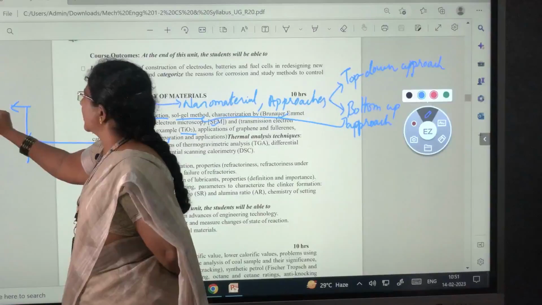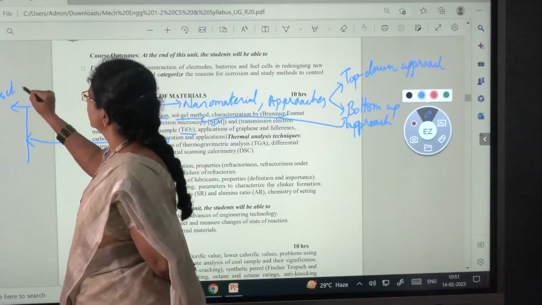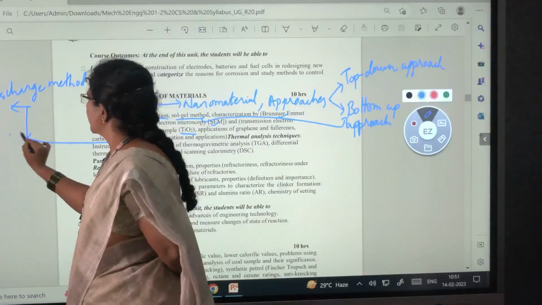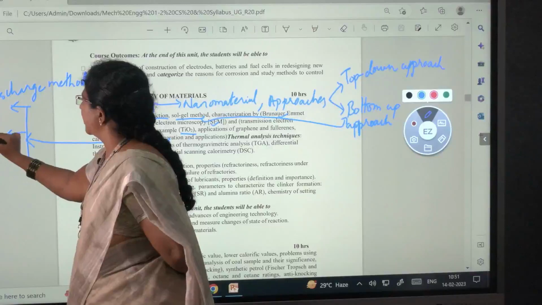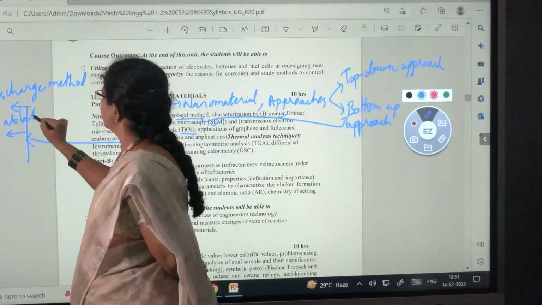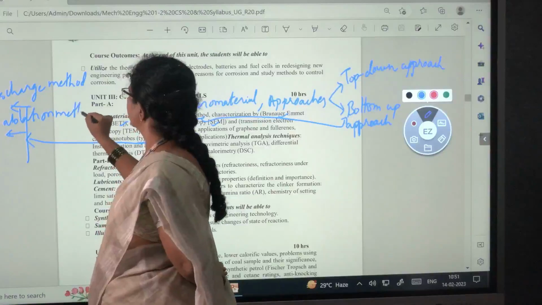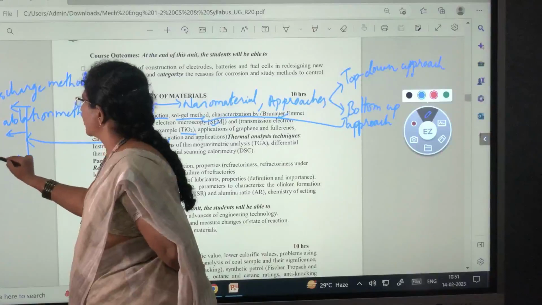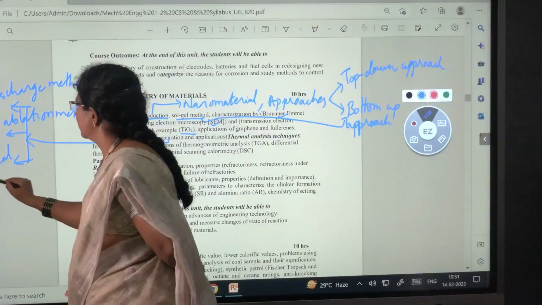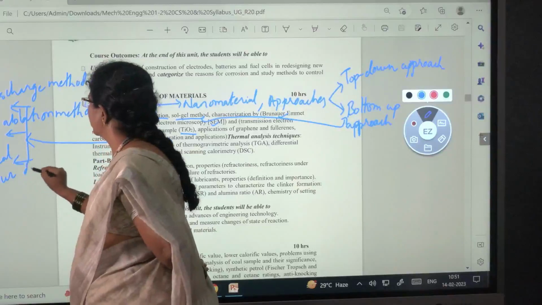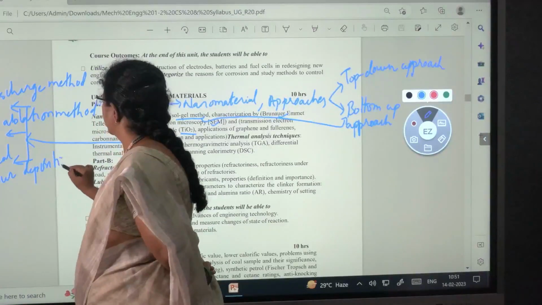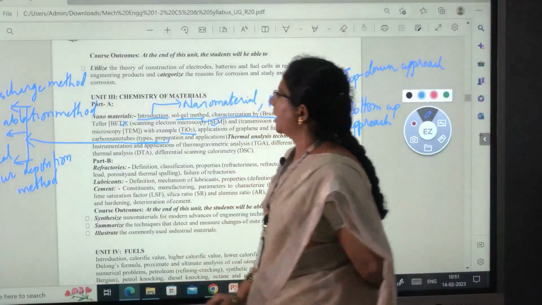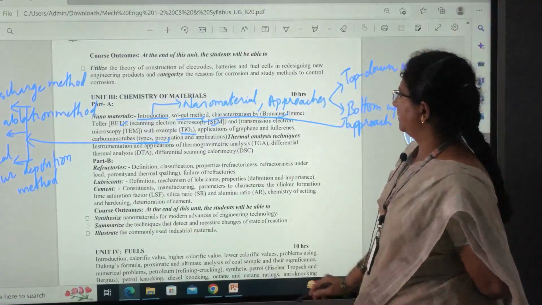First one is arc discharge method, second one laser ablation method, and third one chemical vapor deposition method.